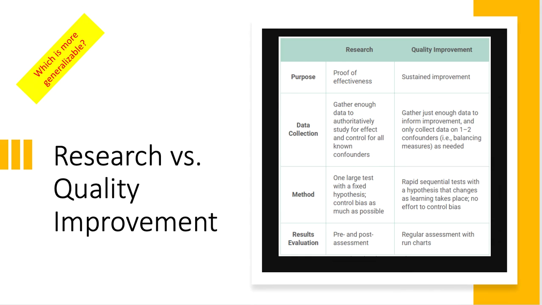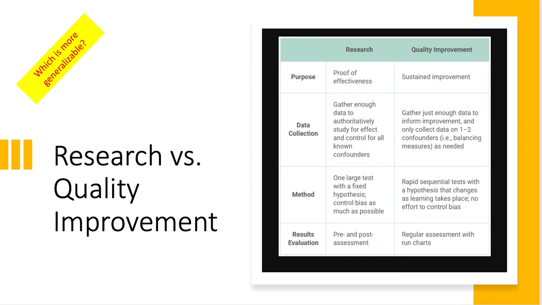So let's talk about the difference between research and quality improvement. Built this little chart for you. Which is more generalizable? Well, that is a big question that took me a while to kind of grasp. Research is generalizable. Quality improvement is specific to the setting that you're working in.